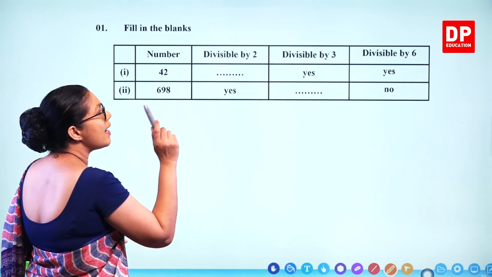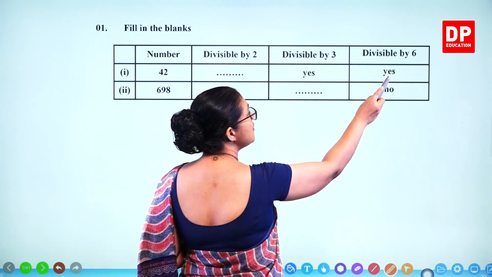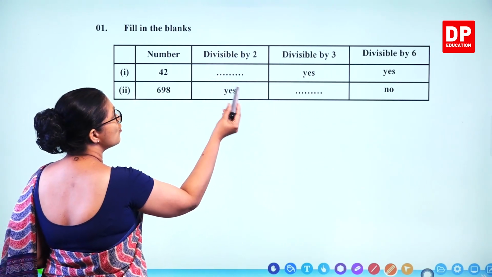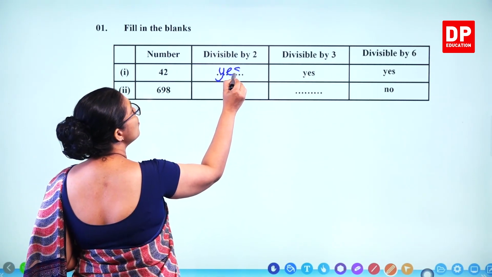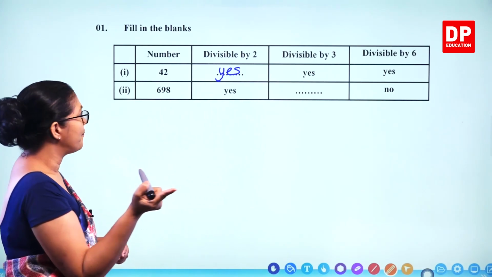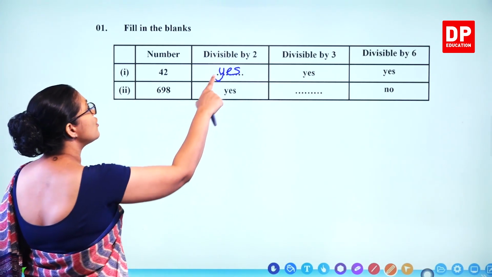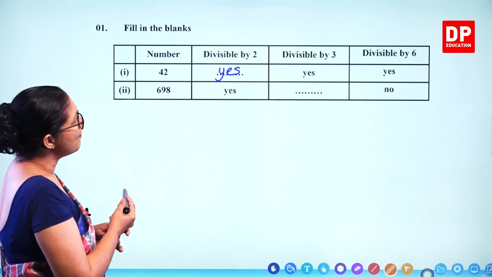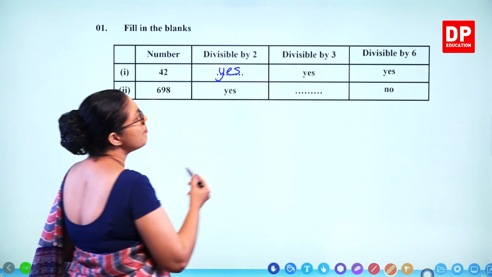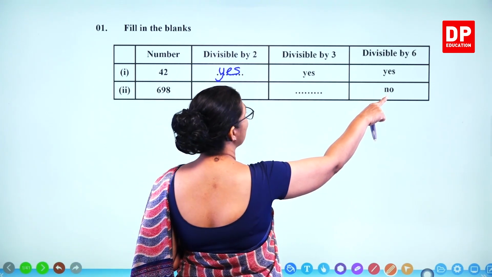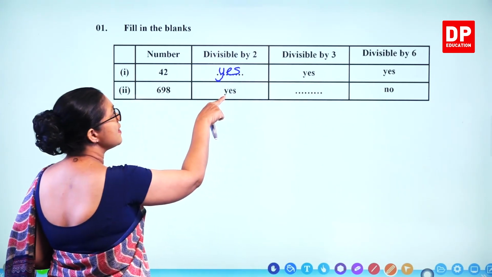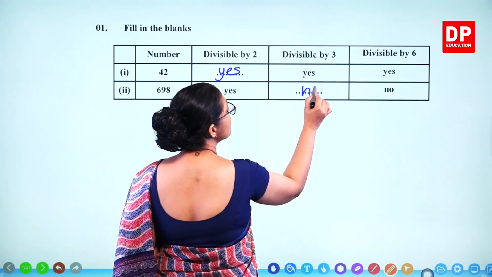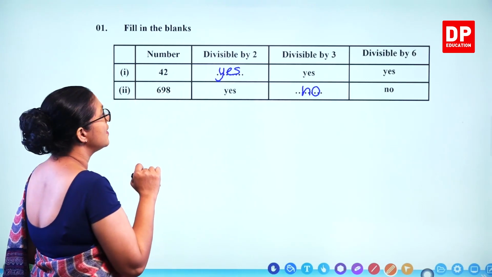If this number is divisible by 6, definitely it should be divisible by 2 as well as 3. So divisible by 2, yes, because this is an even number. What about the other one? Divisible by 6, so that means no. If this is yes, the other one should be no. That's why it's not divisible by 6.